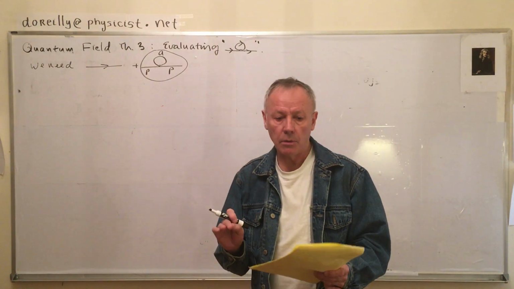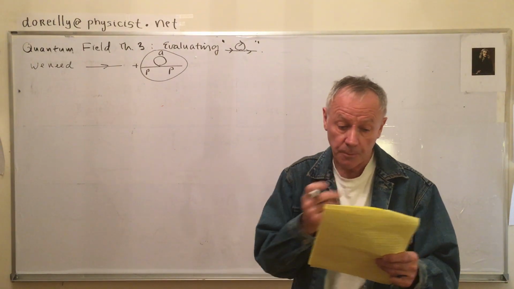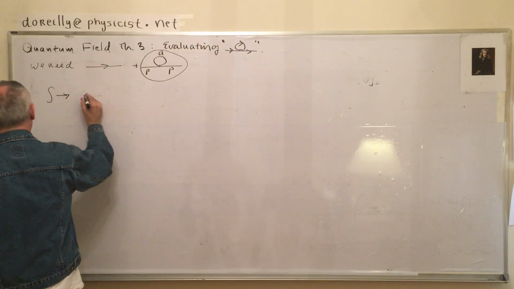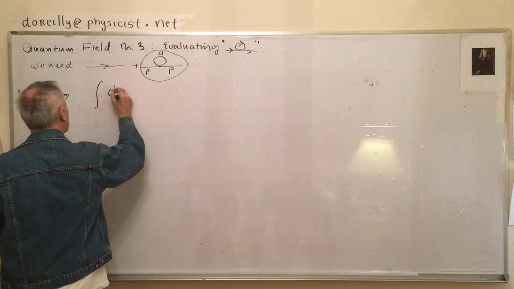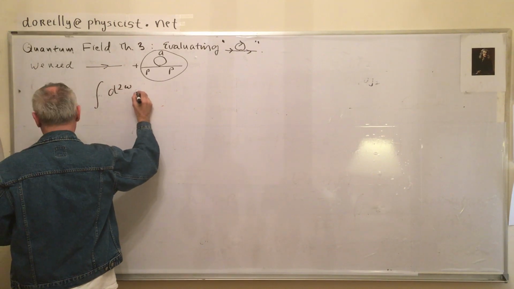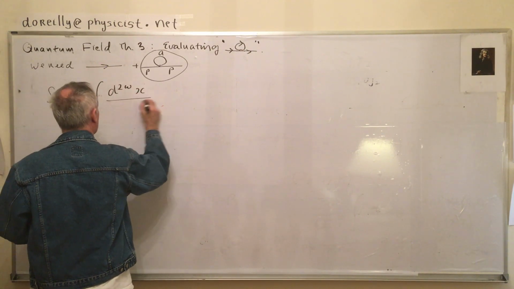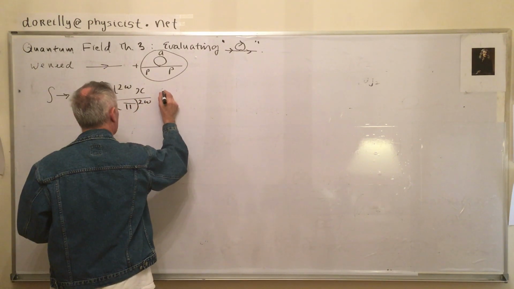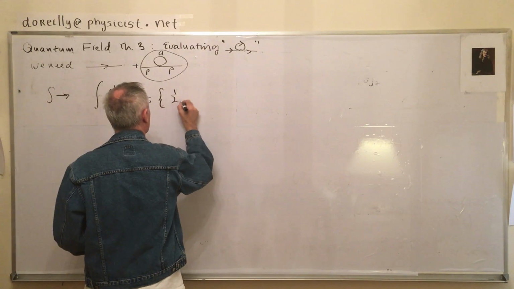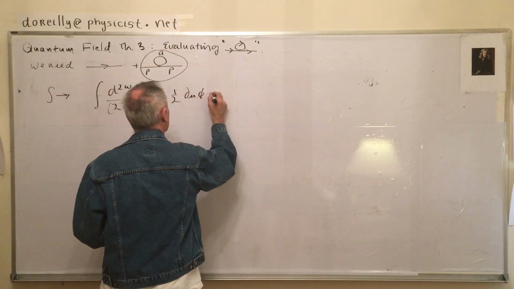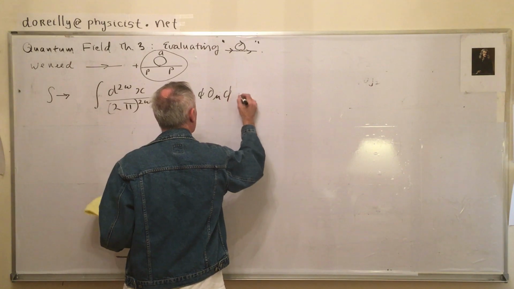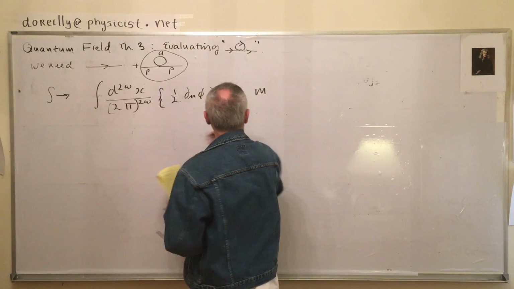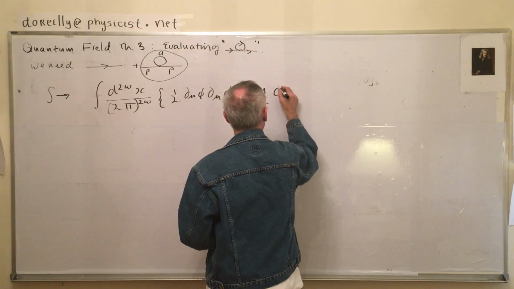To get to dimensional regularization, we have to adjust our Lagrangian. Now we adjust the dimensionality of the space.